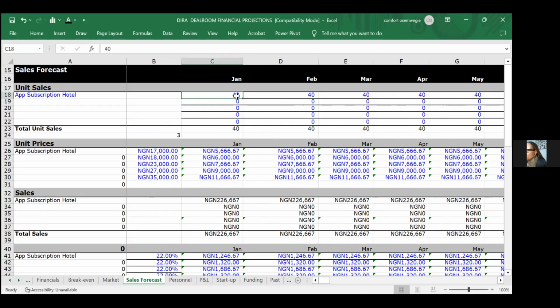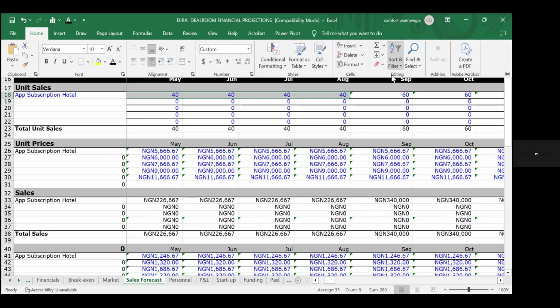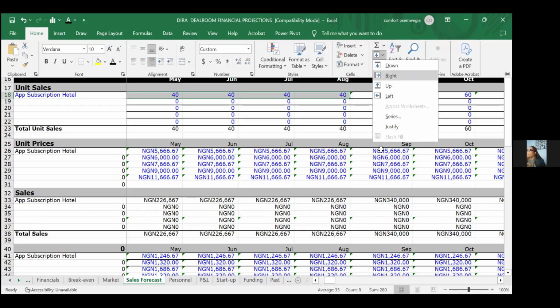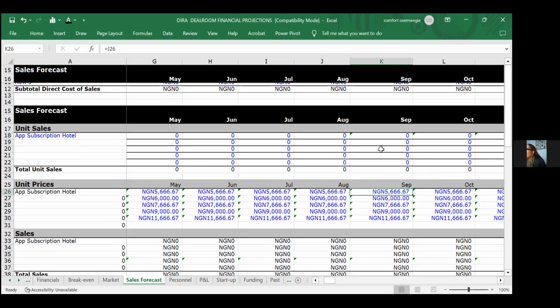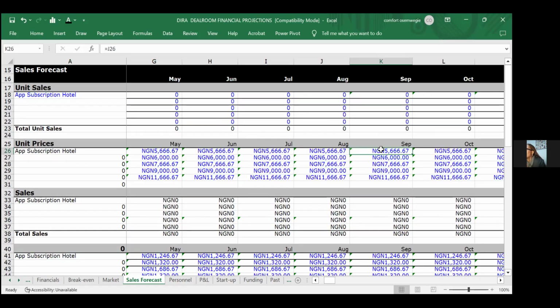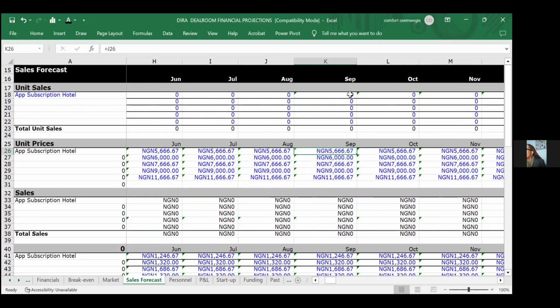Yeah. So recall that this was supposed to be 0. We're going to fill this 0, stay with me, up until August. That's right. Okay. So from September, we say there are 80 of them, right?